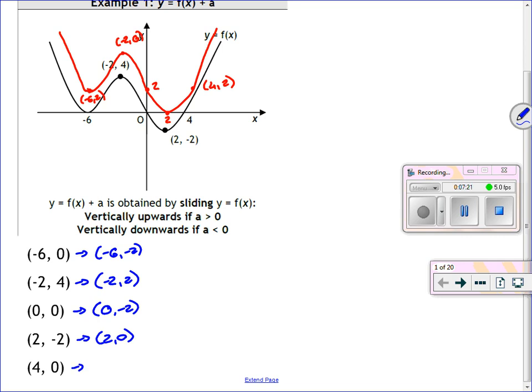And 4, 0 will go to 4, minus 2. And we plot those points again. So minus 6, minus 2 would be approximately here. Minus 2, 2 is going to be approximately here. 0, minus 2 would be here.